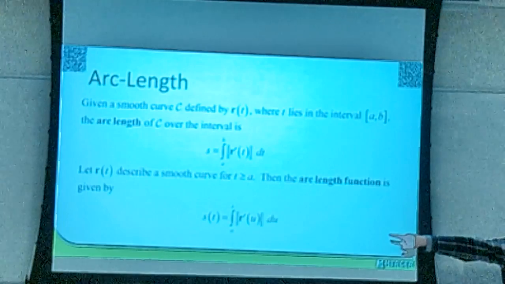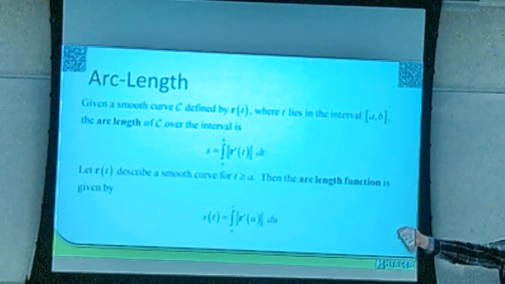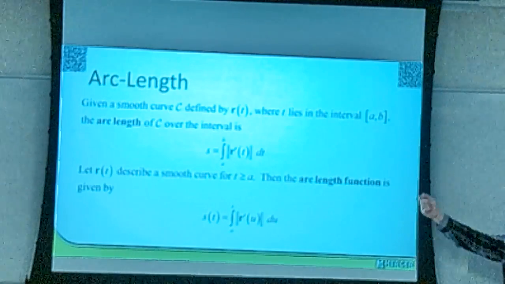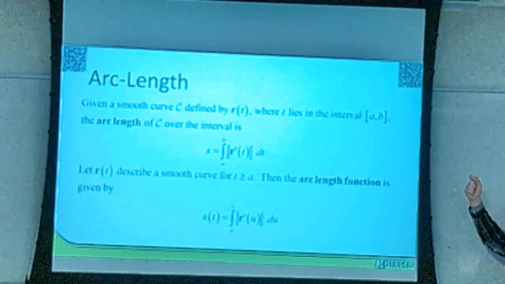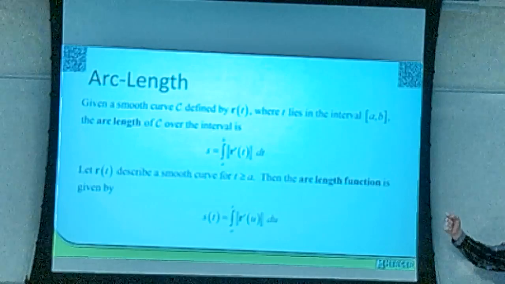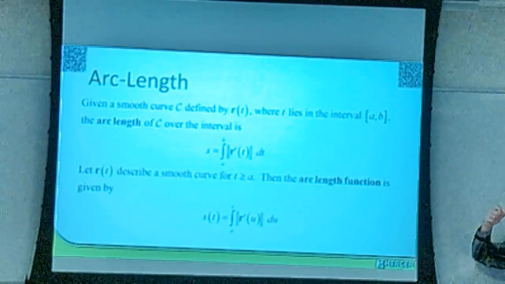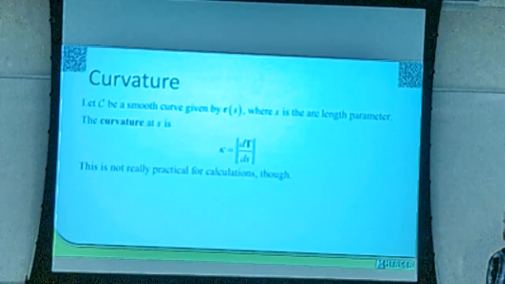That's the arc length function. To find the arc length parameter, you solve for it. And then you replace that new function of s into the original vector. Then from there you can find the unit tangent with respect to s, then the derivative of that with respect to s. And it's just a massive pain.